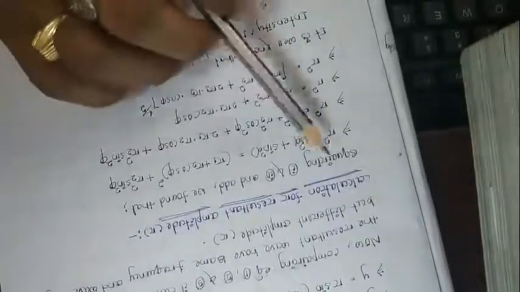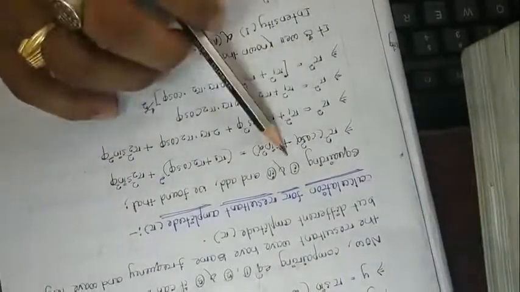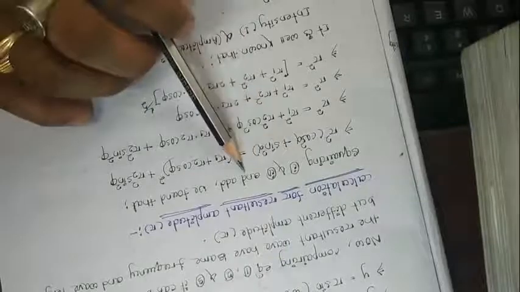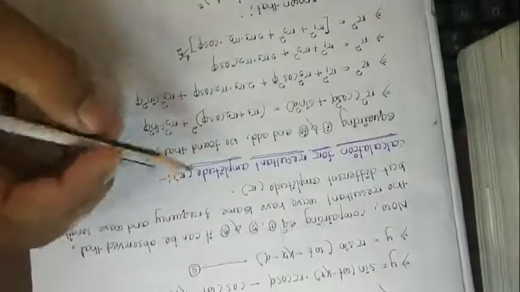So now the calculation for the resultant amplitude: squaring 1 and 2 and adding. Wait, I made a small mistake here.